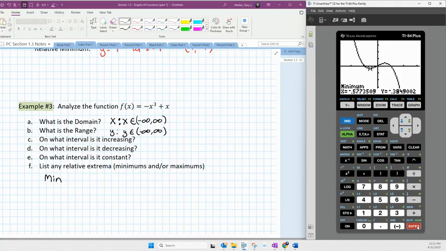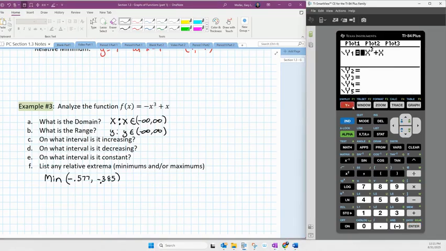So the minimum is at -0.577 with a y value of -0.385. All right. So that tells me, well, let's go ahead and calculate. That's not what I meant to do.